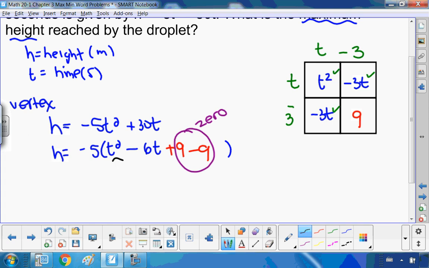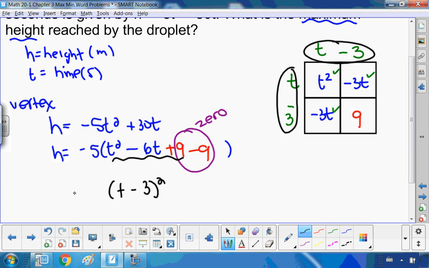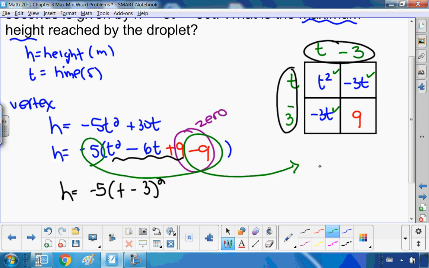I just want to focus on my perfect square trinomial here, which I know factors as t minus 3 squared, because it's t minus 3 times t minus 3. I have a negative 5 on the outside. So what I want to focus on is taking this term outside. Negative 5 times negative 9 is positive 45. So positive 45 on the outside.